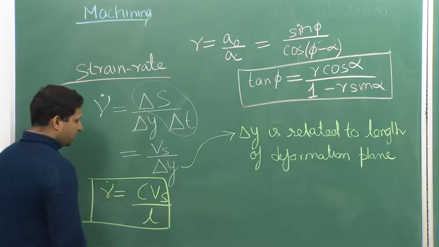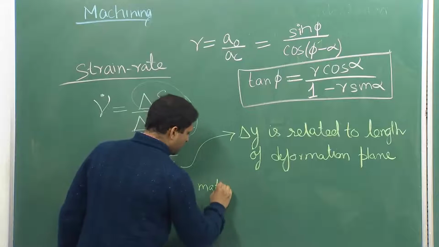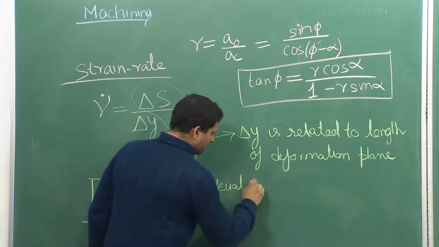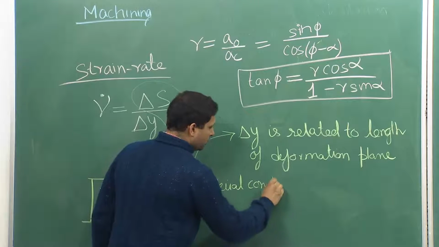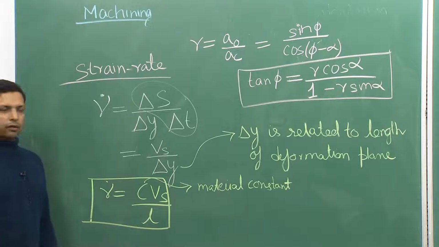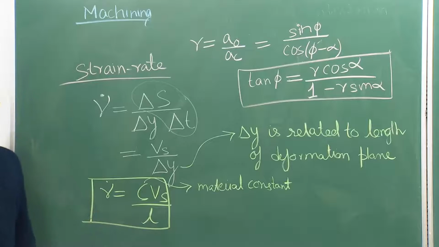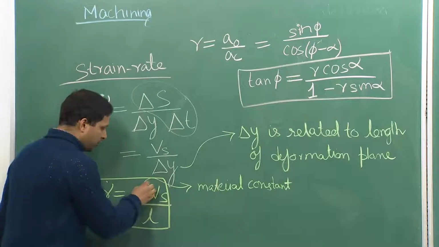Therefore, this equation can be written as C Vs by L, where C is a material constant. So, it depends on what material you are using. It is not a universal constant. It will change depending on whether you are machining aluminum or steel or titanium and so on.